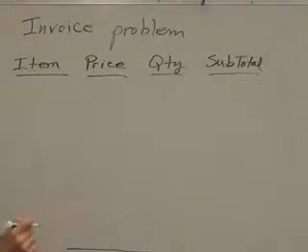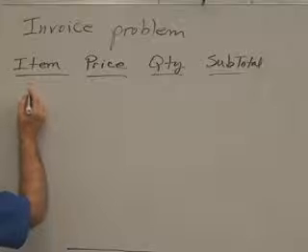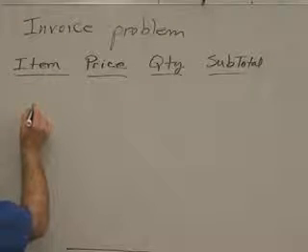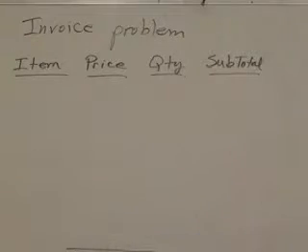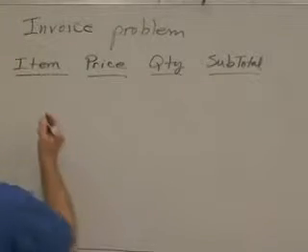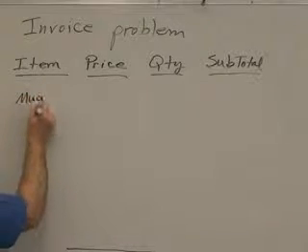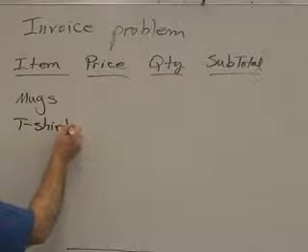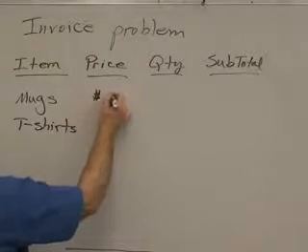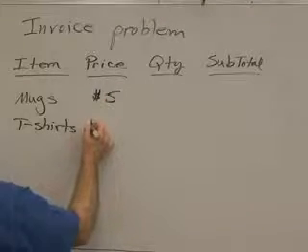In other words, if somebody sells mugs and t-shirts, and they sell the mugs for $5 each, and they sell the t-shirts for $12 each.